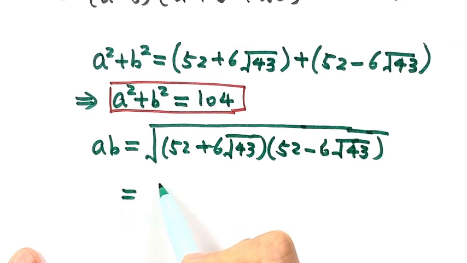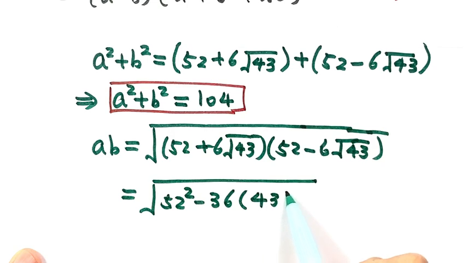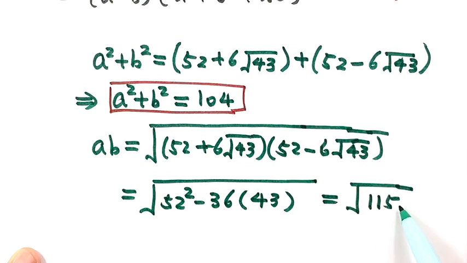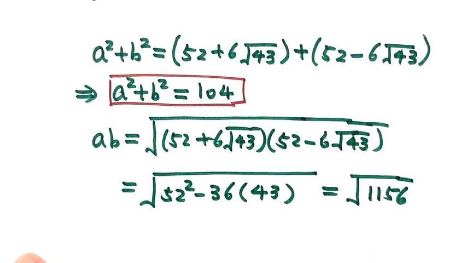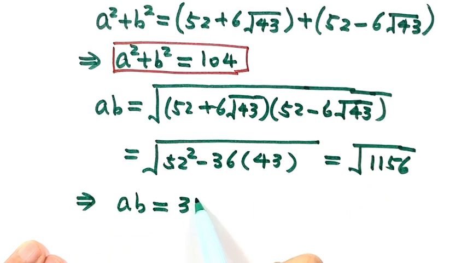Then use a formula: this is 52 squared minus 36 times 43. Then simplify, so here just 1156. Okay, so then let's simplify this part. So ab, this one simplified, is 34. So then this is the second result.